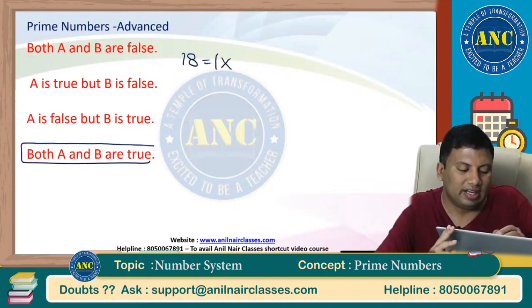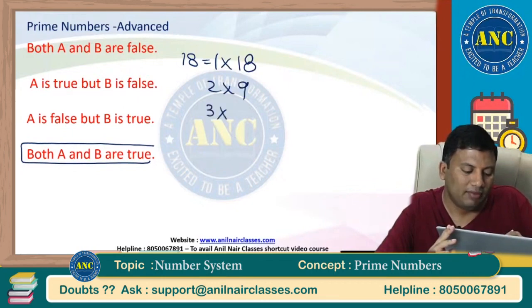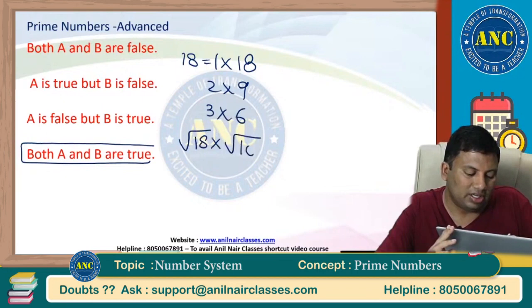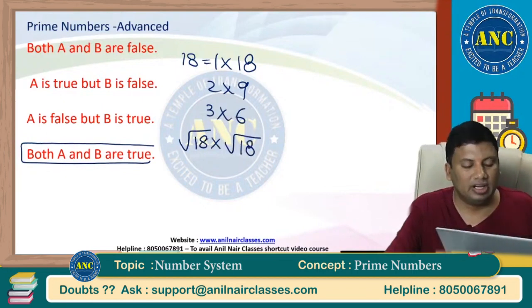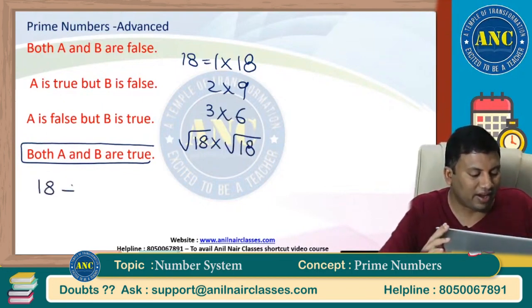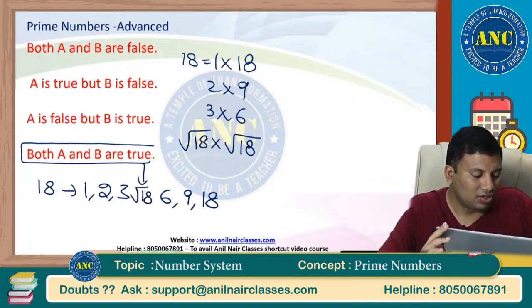You can take any other example also. 18 is nothing but 1 into 18, 2 into 9, 3 into 6, and root 18 into root 18. 18's factors are 1, 2, 3, 6, 9, 18. I will insert root 18. Are there any factors of this number less than root n?